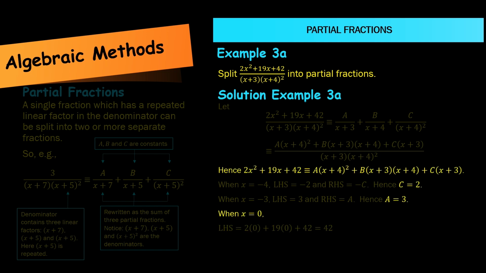When x equals 0, then on the right-hand side, we can plug in a equals 3, c equals 2, and x equals 0 to give us 3 times 16 plus b times 3 times 4 plus 2 times 3.